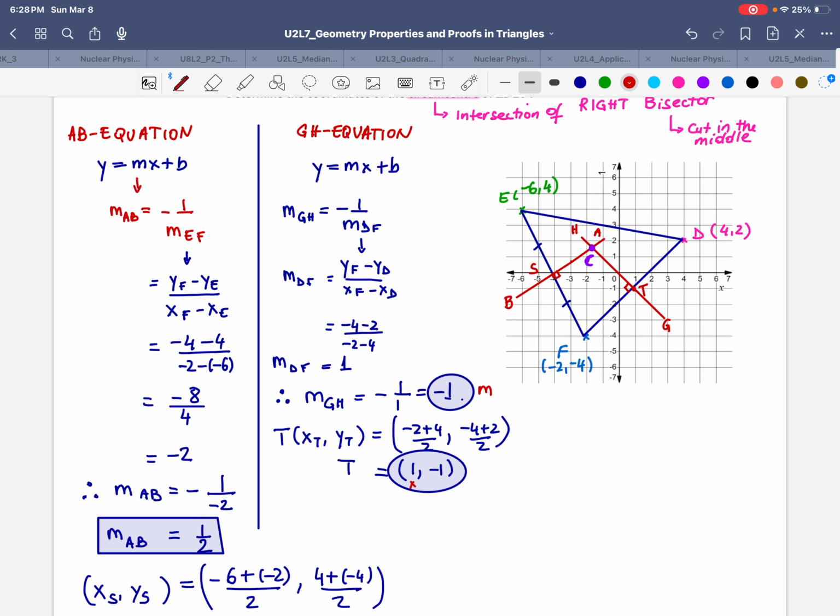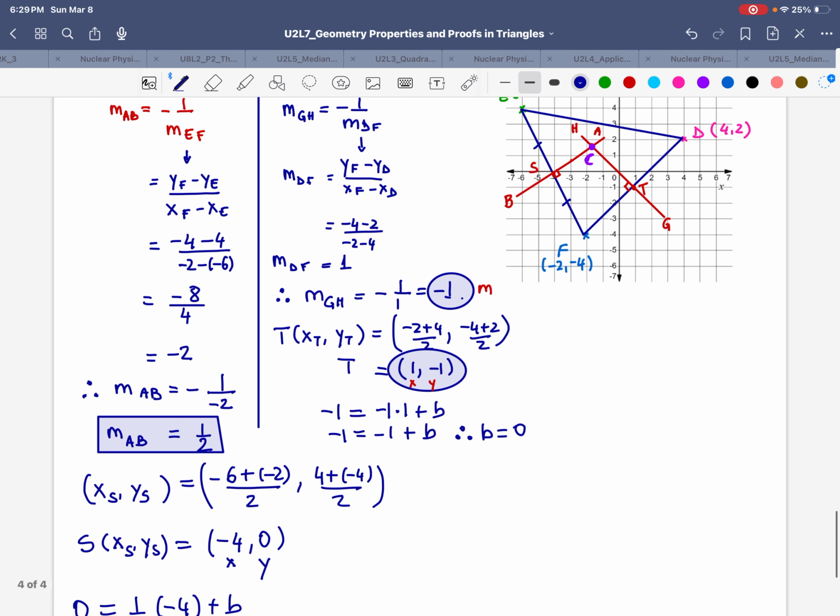So now we have y is -1, equals slope, which is -1, multiplying x, which is 1, plus b. So -1 equals -1 plus b. Therefore, the value of b is 0.